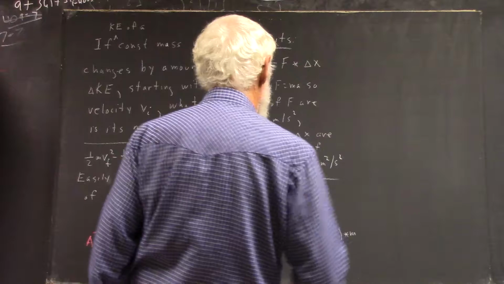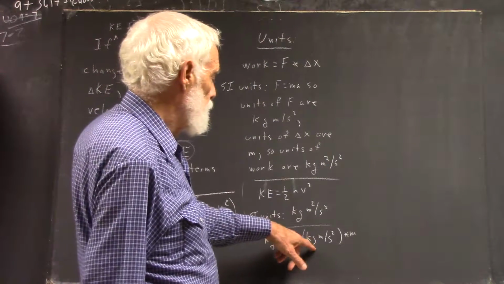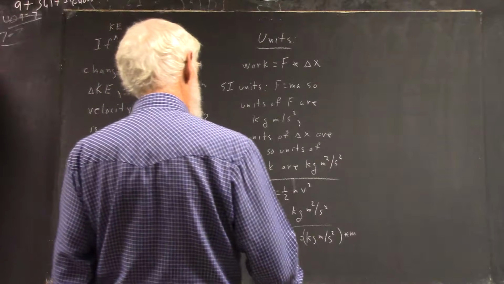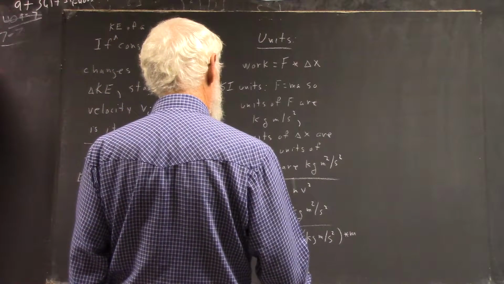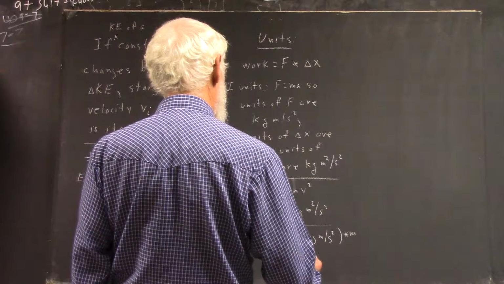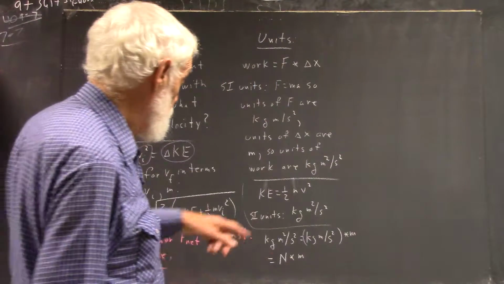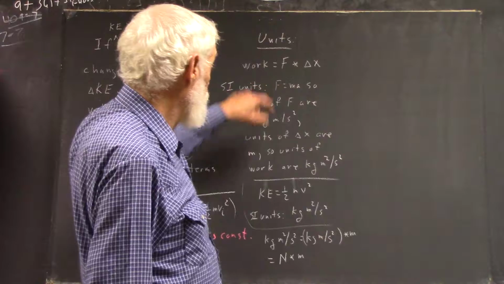Now, another way of writing these units is clearly kilogram meter squared per second squared is kilogram meter per second squared times meter, which equals newtons times meter, newtons being the unit of force.